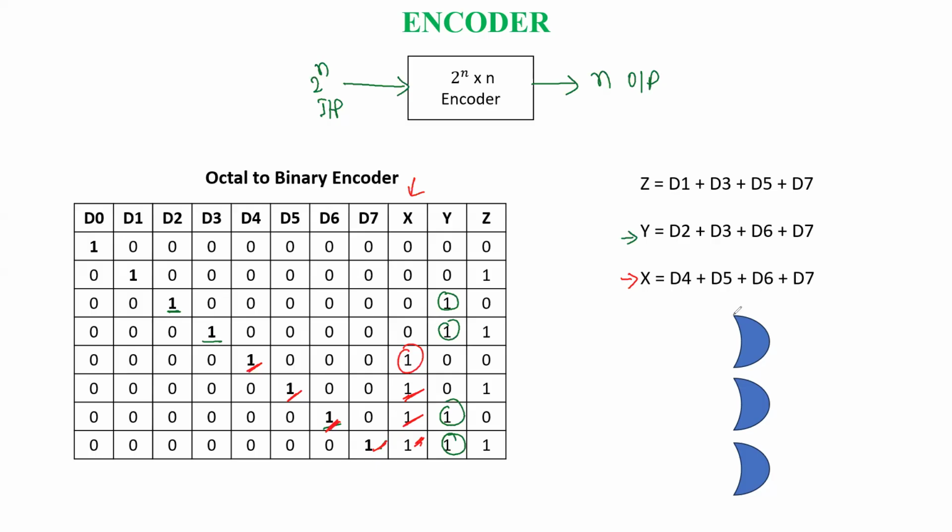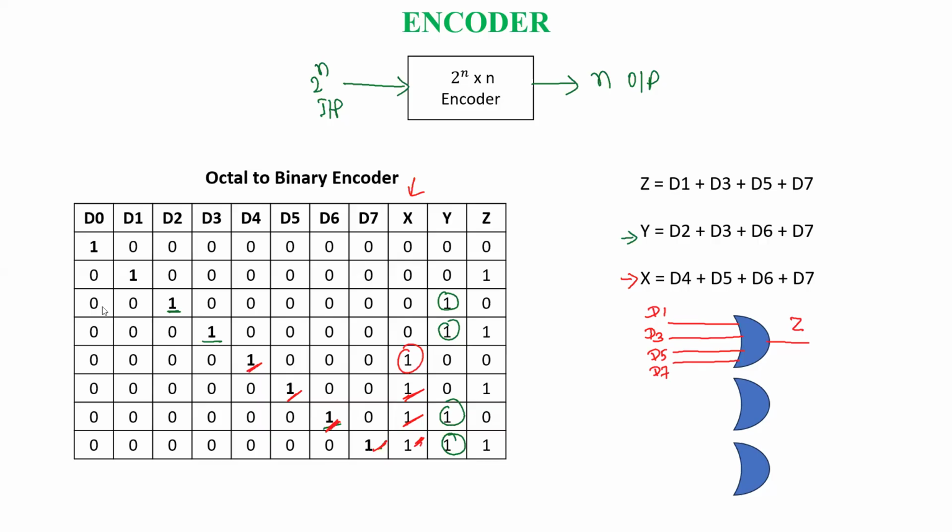Here we have three outputs, so three OR gates are required. This one we can use to represent Z. Correspondingly, four inputs are there, and those inputs will be connected. We can represent the common inputs, and from that we can take the wire connection. In this case, this is D1, this is D3, next we have D5 and D7.